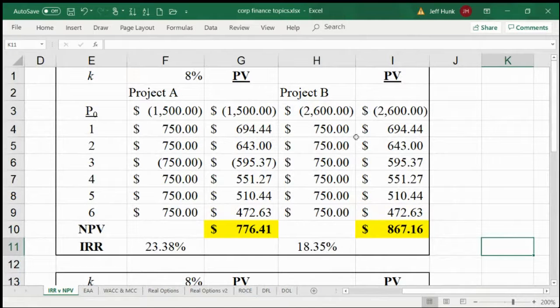Alrighty. So what did I do here? This is project A and this is project B, right?